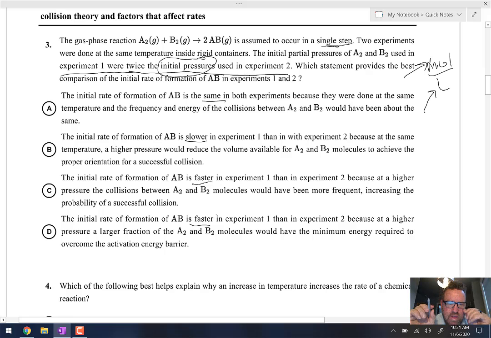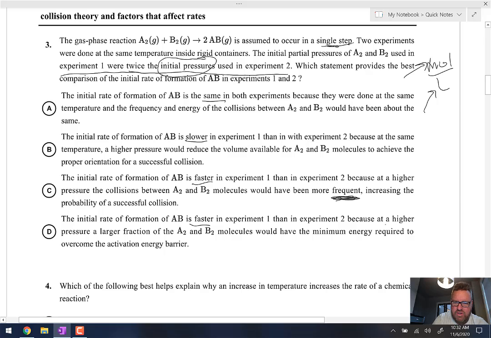The initial rate of formation of AB is faster in experiment 1 than in experiment 2 because at a higher pressure, the collisions between the molecules would have been more frequent, increasing the probability of a successful collision. I like that. Increasing the frequency of the collisions is why, when the pressure or the concentration goes up, the reaction goes faster.